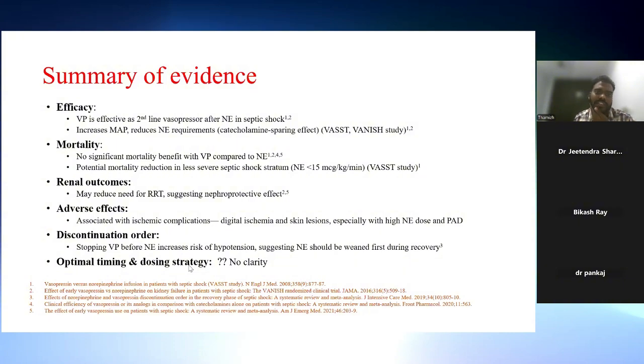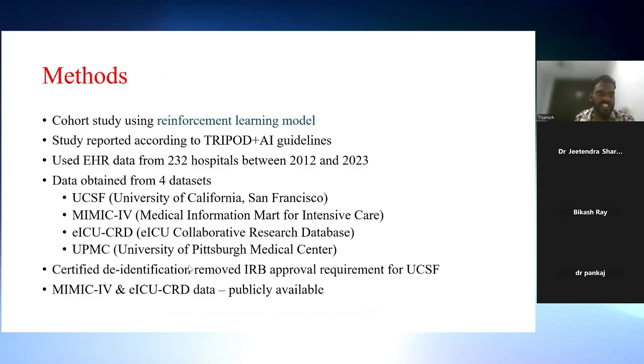So this study is based on this question: when to start vasopressin. Coming to the methodology, it's a cohort study which uses a reinforcement learning model, which is a type of machine learning model. The study was reported according to the TRIPOD+AI guidelines. Here they have used electronic health records from 232 hospitals, conducted between 2012 and 2023.